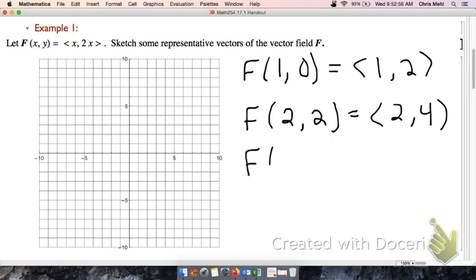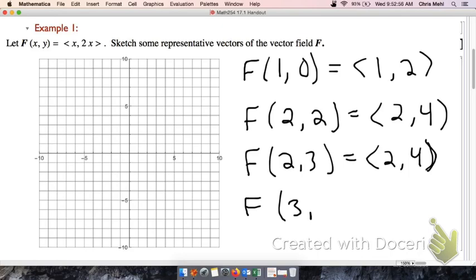I can do another one, F of 2 comma 3 is also 2, 4. Maybe I'll do one more. How about F of 3, 1, which would just be 3 comma 6. Now I'm going to plot these 4 vectors.